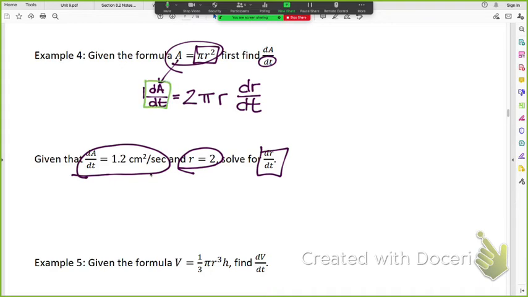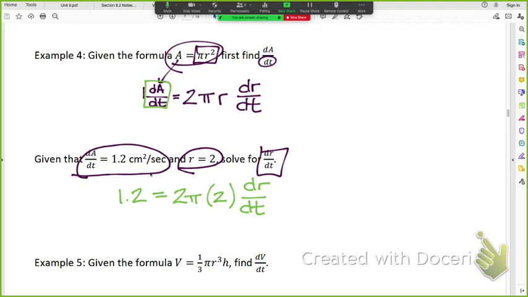So take this out. We're using our formula. Keep the 2 pi. What can I put in place of the r? 2. We're using that. I would like to solve for dr dt. So grab a calculator. What do I have to do to solve for dr dt?